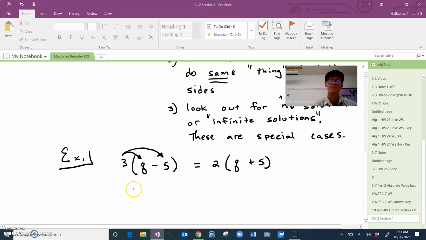You have 3q minus 15 on the left side of the equal sign, and on the right you have 2q plus 10, because the factor on the outside gets multiplied by the terms on the inside.